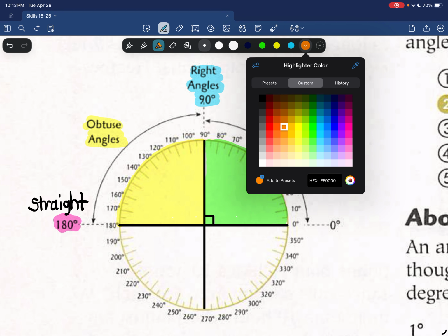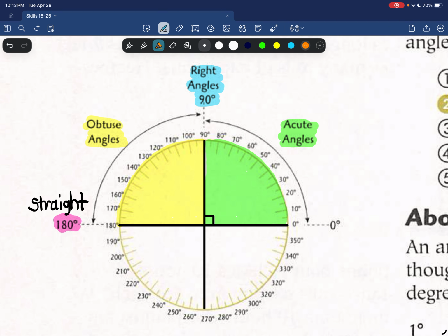Be very careful. It's not reflux. That's what you have when you have heartburn sometimes. Reflux is heartburn. This is reflex. So for example, the measurement of 270 is a reflex angle. Anything from 180 to 360 is reflex.